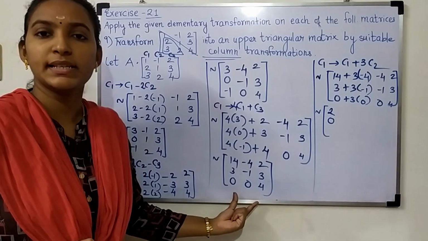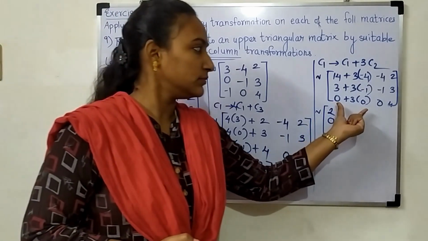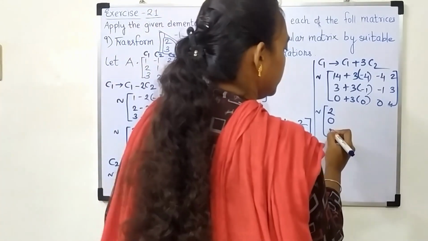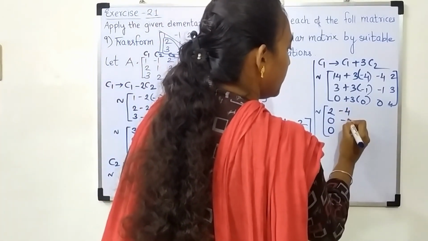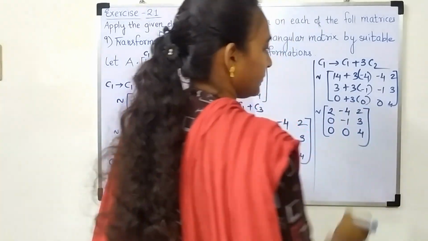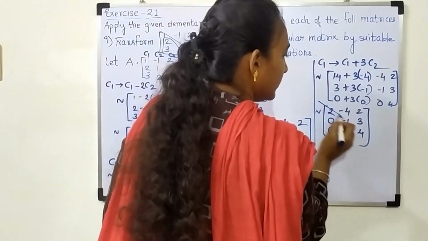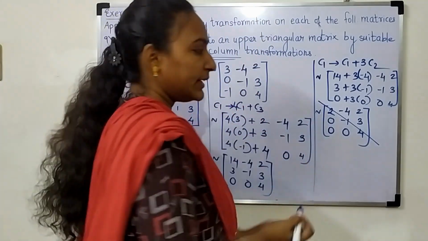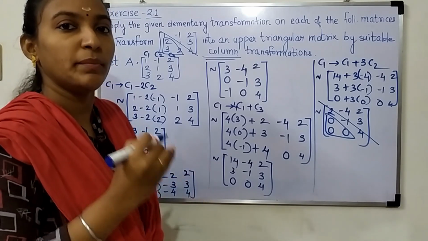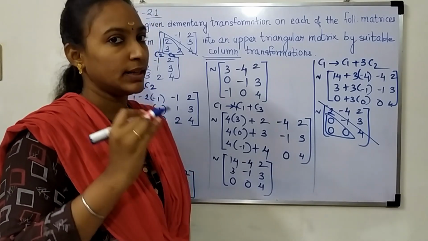Since both these answers are 0, any addition or multiplication will give you 0. Then minus 4, minus 1, 0, 2, 3, 4. You can easily see that all the elements below the diagonal are 0. That is, it is transformed into an upper triangular matrix.